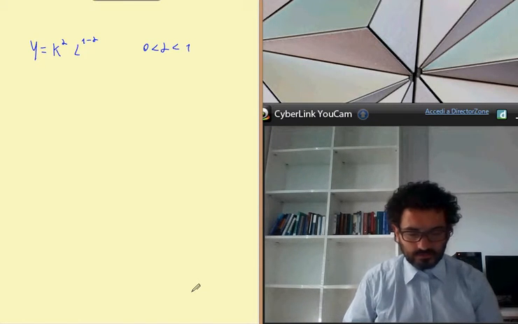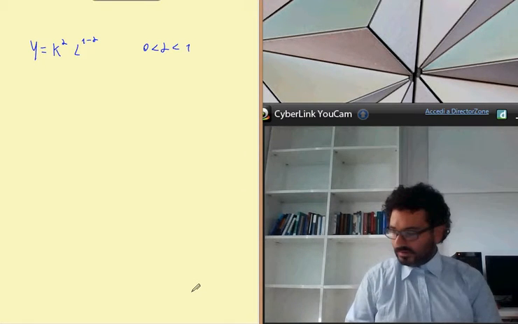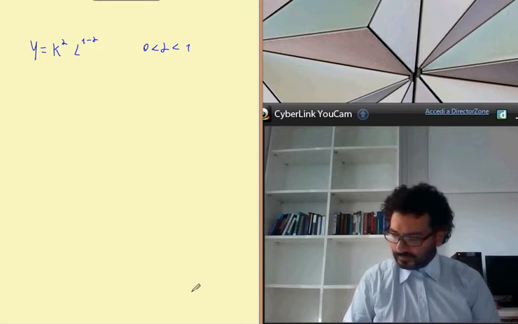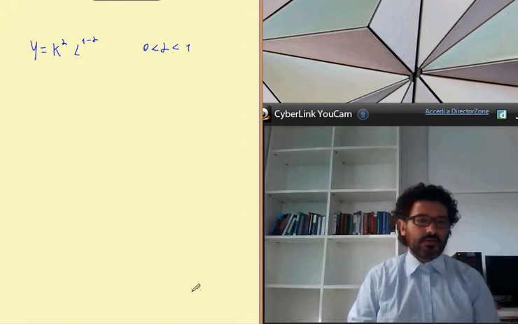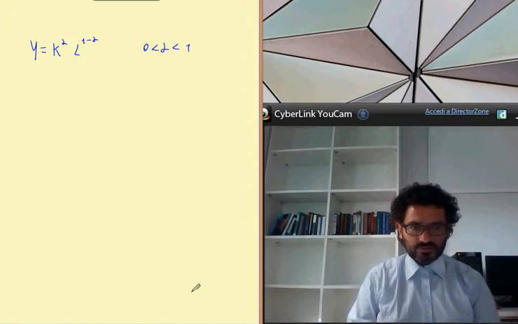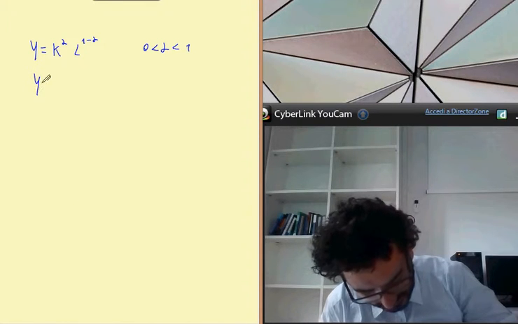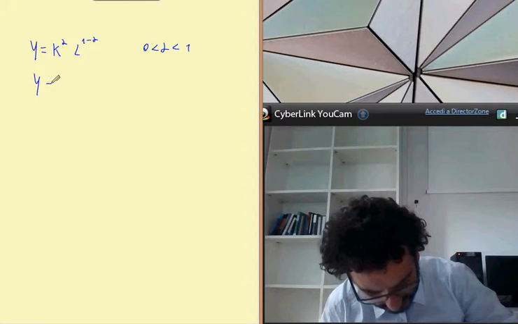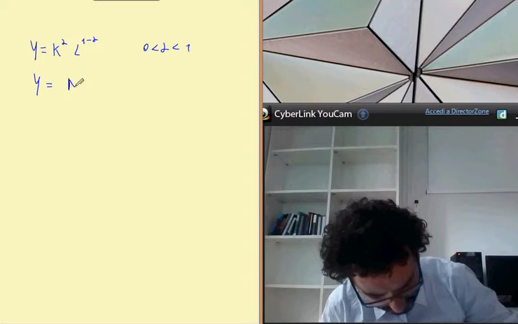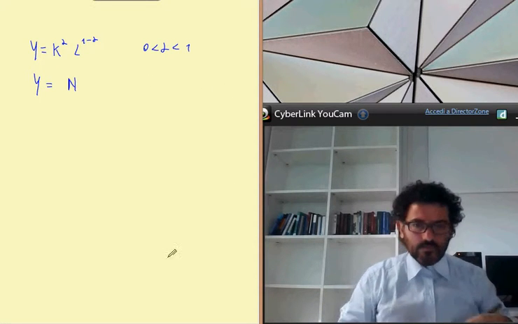But now we can simplify this relation, assuming that we are in the medium run, so we have no capital accumulation and no technical progress, and the production is just equal to N, where N is the number of employed people.